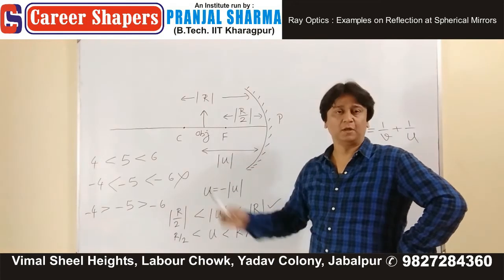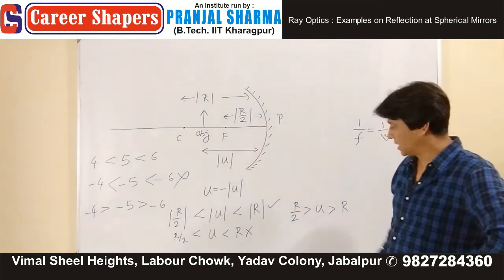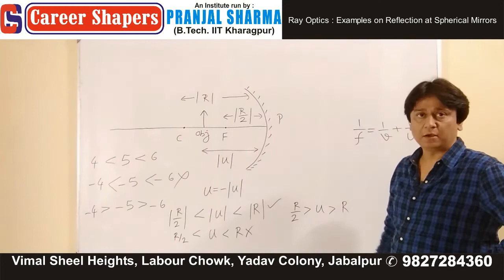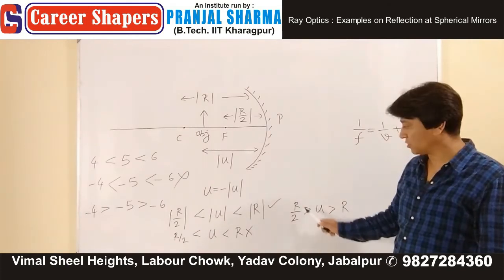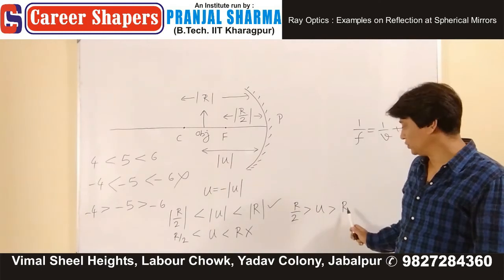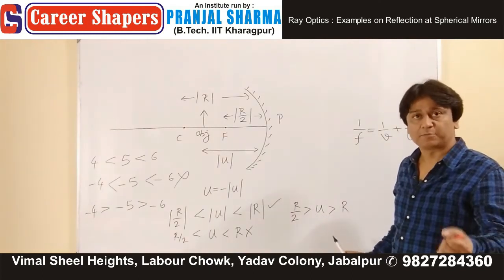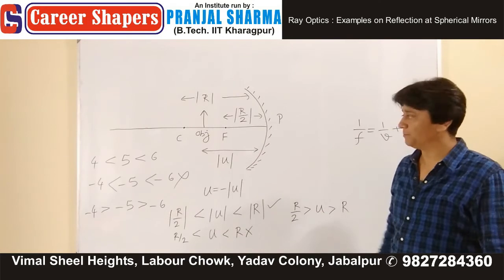But when you take proper sign, R by 2 is greater than u. Just don't worry about this. It looks like R by 2 is greater than R. Yes, because R is negative.